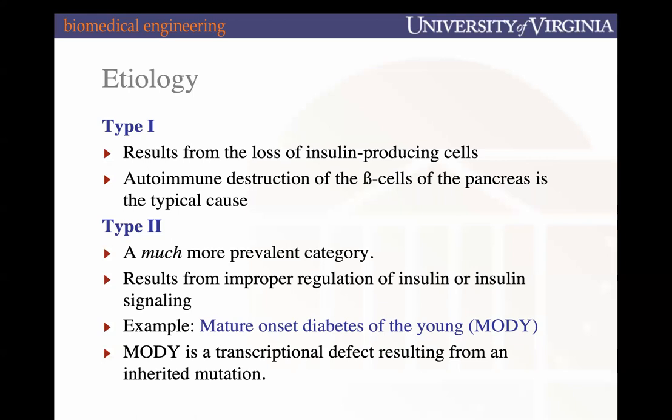There's also another form of diabetes that's not talked about as much, sometimes dubbed type 3, gestational diabetes, that can occur during pregnancy.